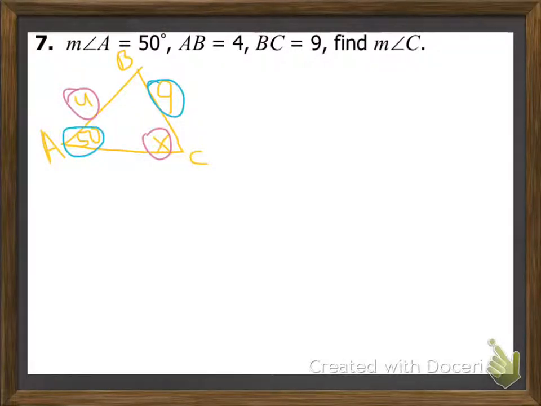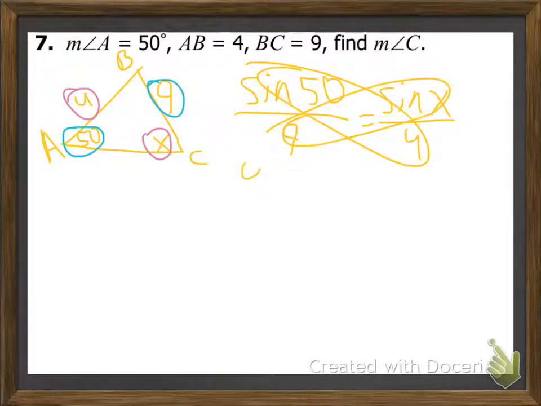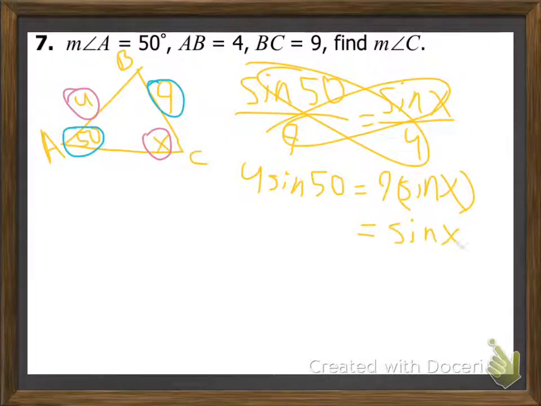So it's going to look like this: sine of 50 over 9, and then that's going to be equal to sine of X over 4. And now you cross multiply, and you're going to get 4 times the sine of 50, and that's going to be equal to 9 times sine of X. And now sine of X is its own piece, so it's going to go down here by itself.